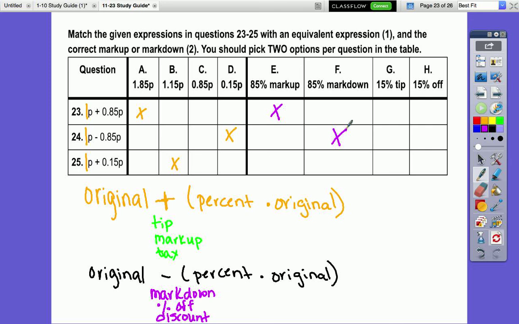Here we're adding 15% of a number. So we're only left with two other options, which is 15% tip and a 15% off. If it is a tip, we're going to be adding. And if you want to write on your paper something to help you out, a markup is adding. A markdown is subtracting. A tip is adding. And a percent off or discount is subtracting.